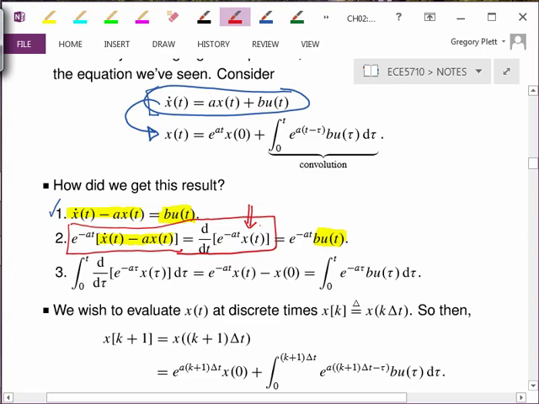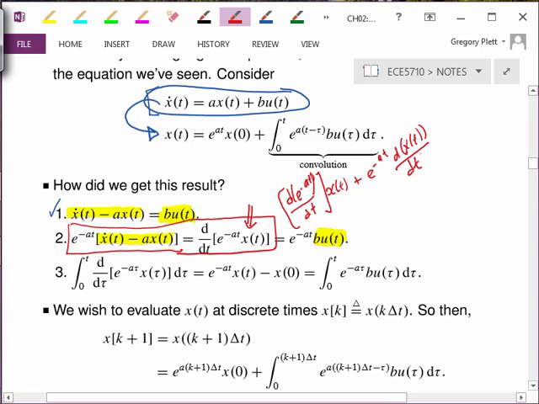We have to remember the product rule in calculus to evaluate that. So this derivative in the center part of the equation, by the product rule, is equal to the derivative of e to the minus at with respect to t, all multiplied by x of t, plus e to the minus at times the derivative of x of t with respect to time.